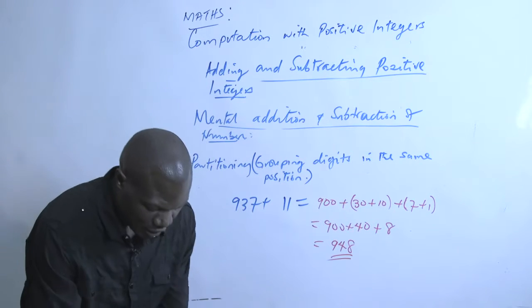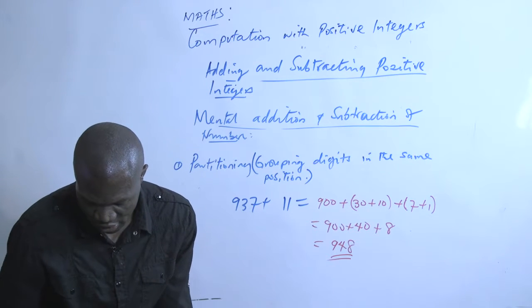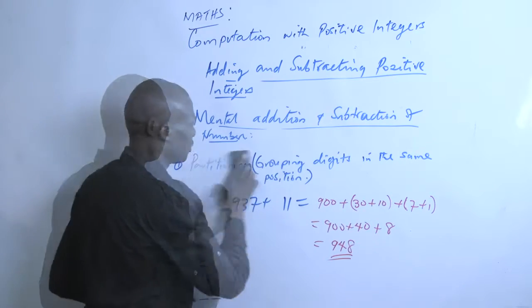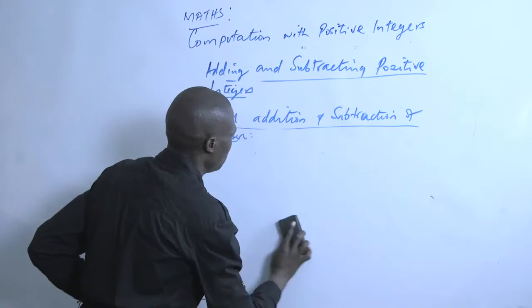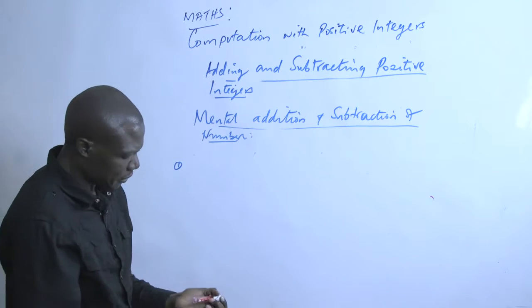Second method of mental addition and subtraction is what we call compensating.